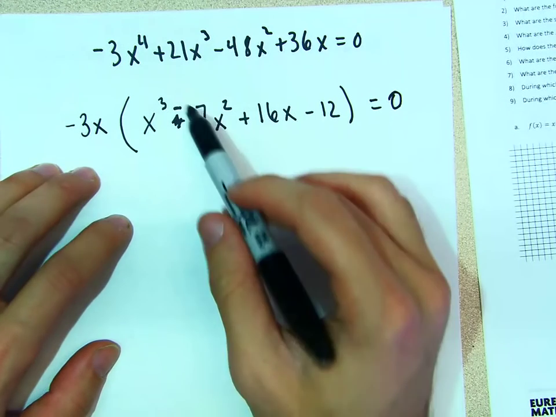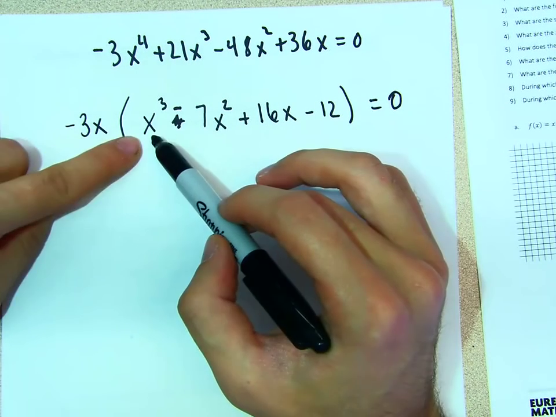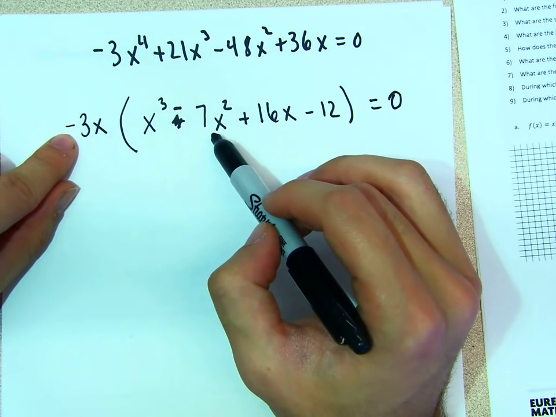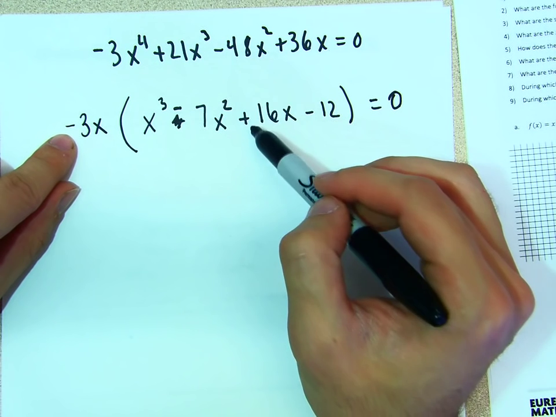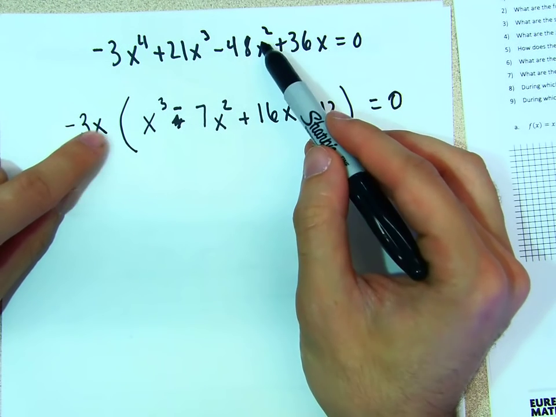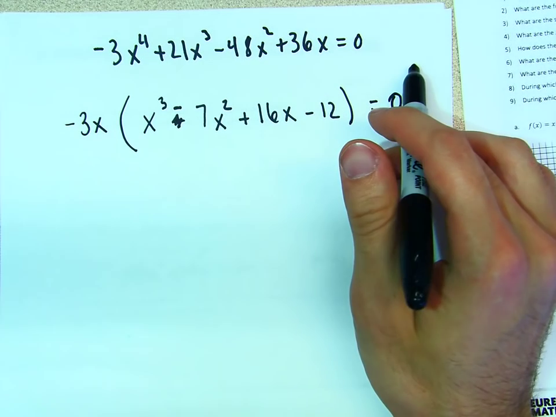Let's check that again real quick. This divided by negative 3 works. 21 divided by negative 3 is negative 7 x squared. Negative, negative, positive: 48 divided by 3 is 16x. 36, good. So it works.